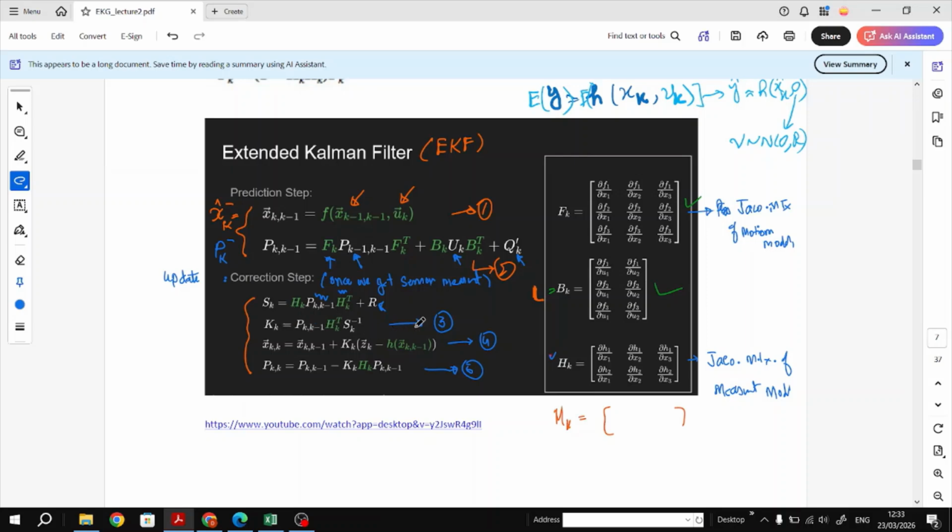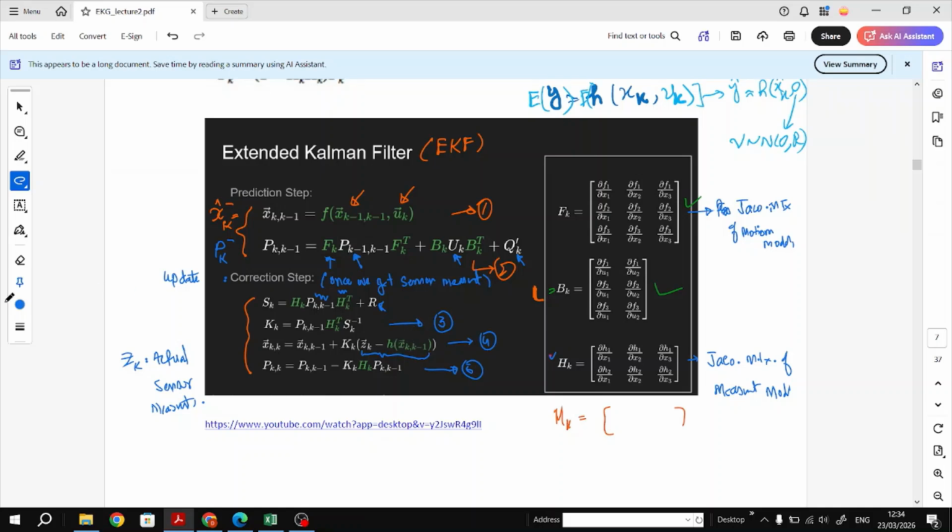Once you have the Kalman gain, in the same way you first compute the error between the actual sensor measurement Z of k in this case, and the measurement prediction.